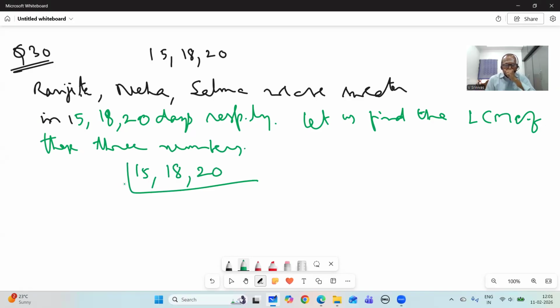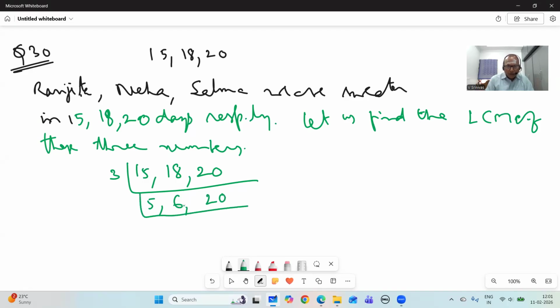Right? 3 cancels in these two. You don't need to go for the common factor of all these. It is enough if you have a common factor for 2 of these 3 numbers. 3 divides 15, 3 divides 18. So you get 5, and here you get 6. You write 20 as it is.